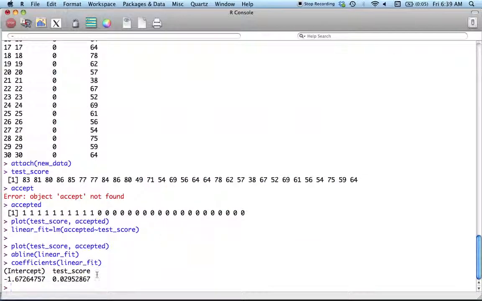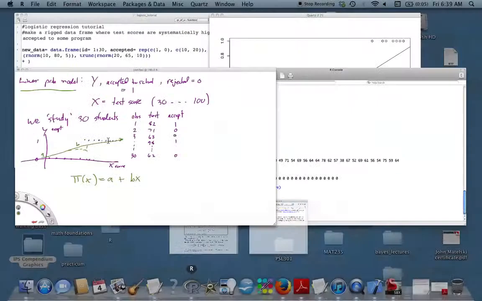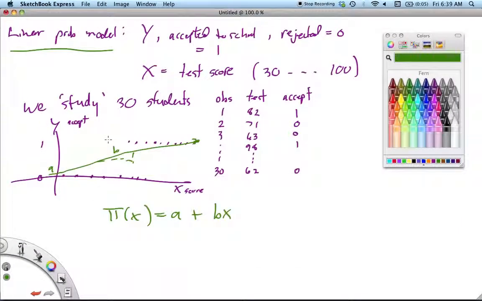Okay, and basically it's going to have this kind of form. And I'm just going to say 0.03 and minus 1.7. Was that about it?